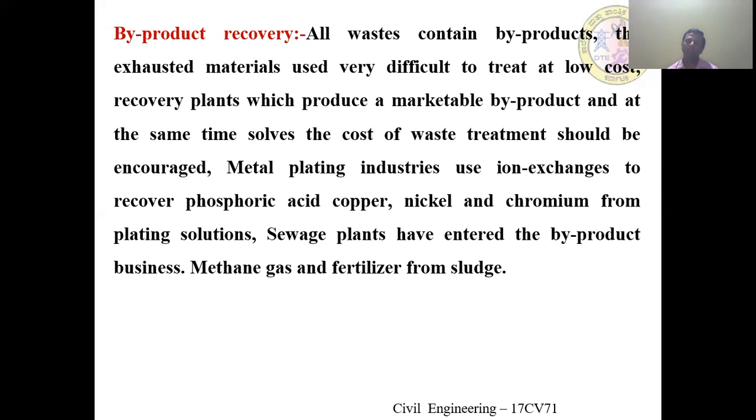So ultimately, we are interested in low discharge or no discharge of wastewater.